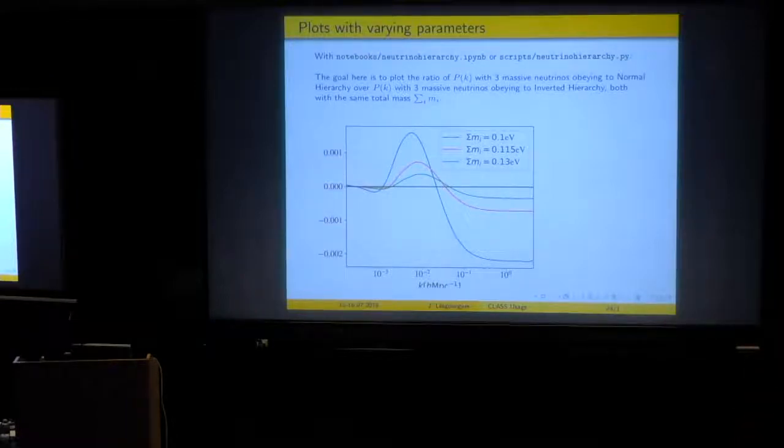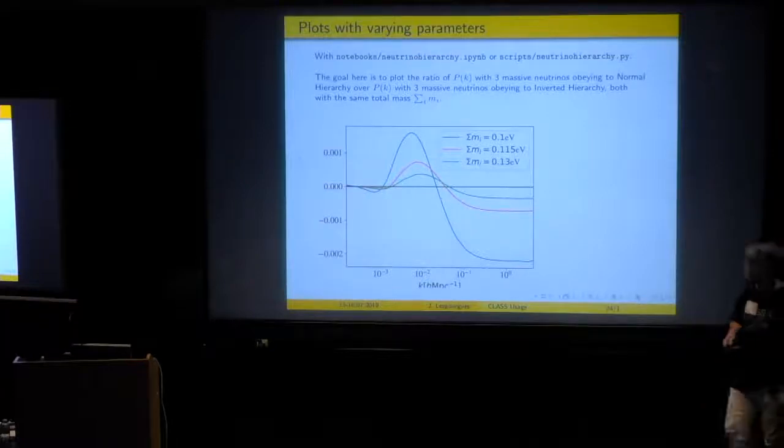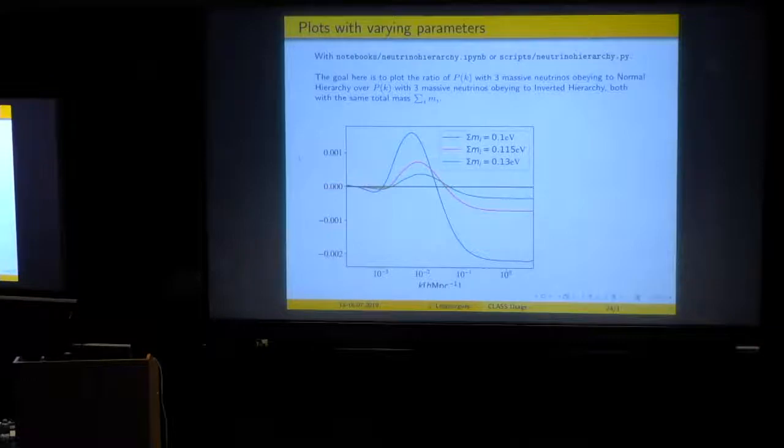And you see that these differences are very small. In fact, most people believe that this difference will be essentially impossible to detect even with future experiments. 0.02% on the matter power spectrum already on nonlinear scales. And for an optimistic neutrino mass, this would be very difficult to measure.